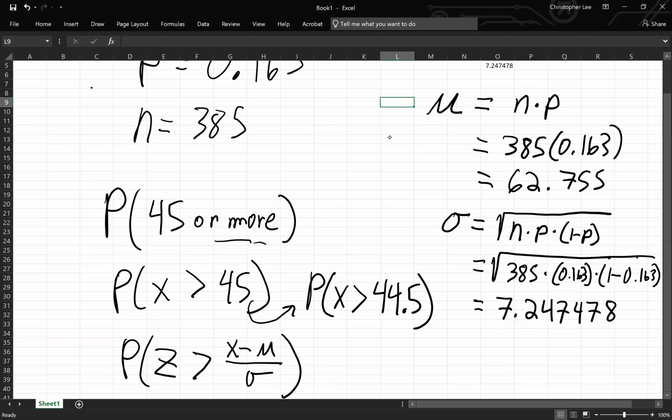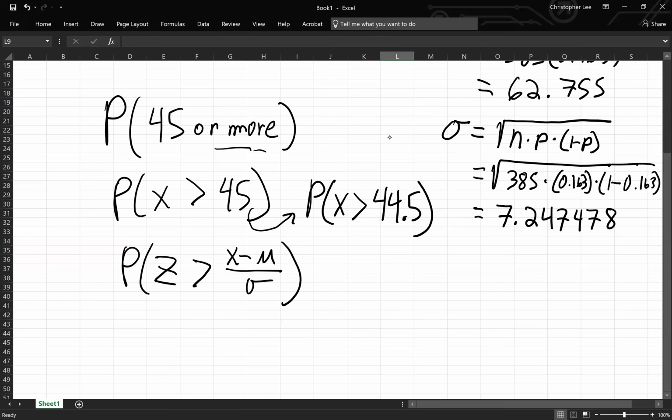right? This is a question that I got asked over here, right? So we have to do a little bit of a correction. We have to go to the left a little bit, right? So 44.5. Now that we have all these numbers, just plug them in. Same old, no different.